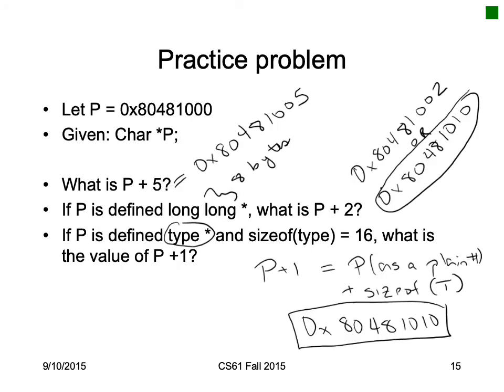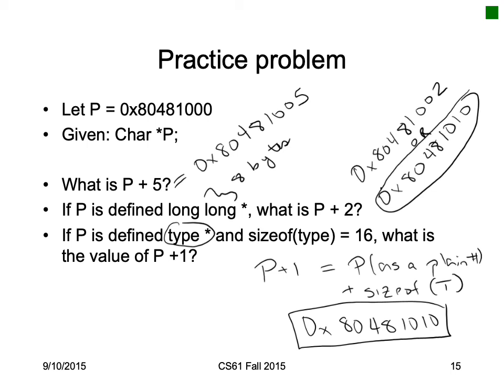So let's step through a practice problem, and then the web work will give you an opportunity for some similar problems. Let's again assign a value to p, which is an address. This time, let's assume that p is a pointer to a character. If p is a pointer to a character, and I say p plus 5, what does that actually mean?